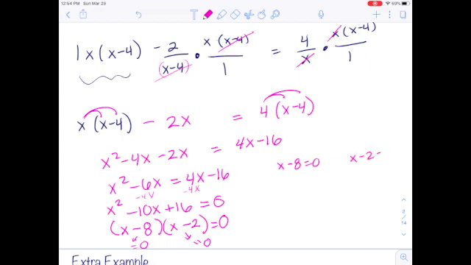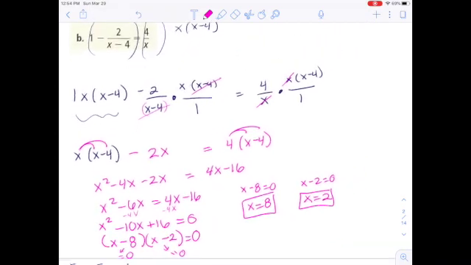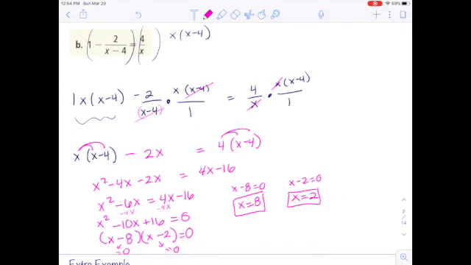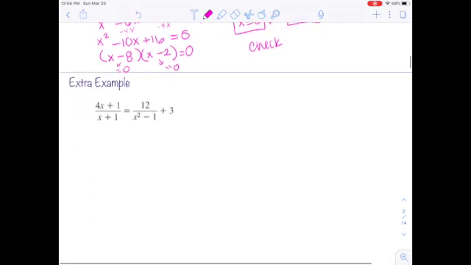Add 8 to both sides, you get 8 and 2. So those are our options. We just have to make sure they both work. So you can check those in your calculator, and they should both work out. Okay?